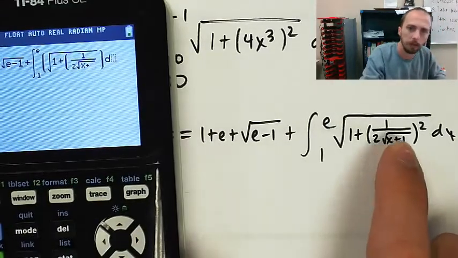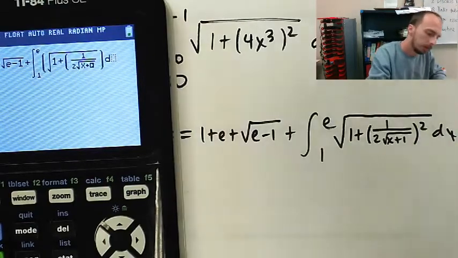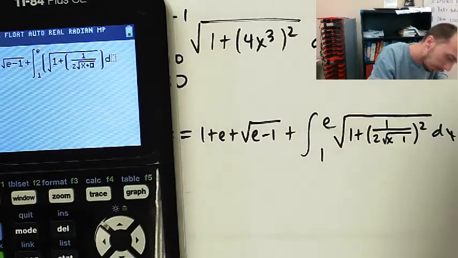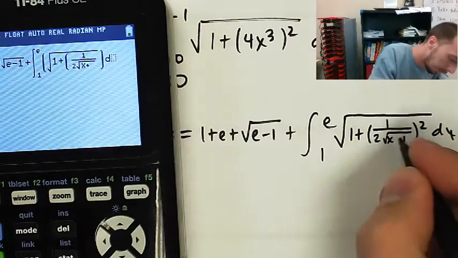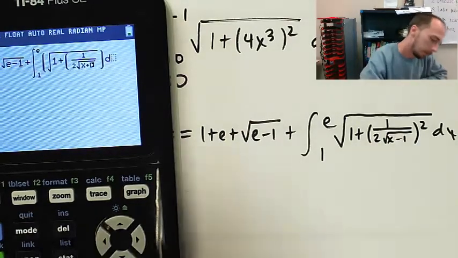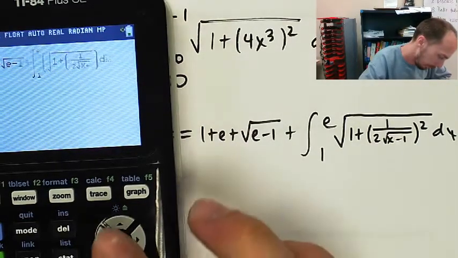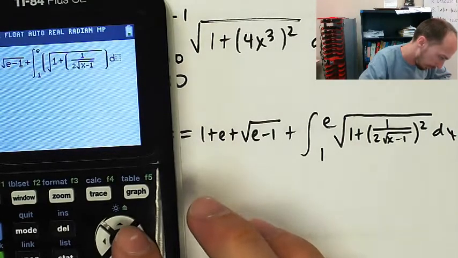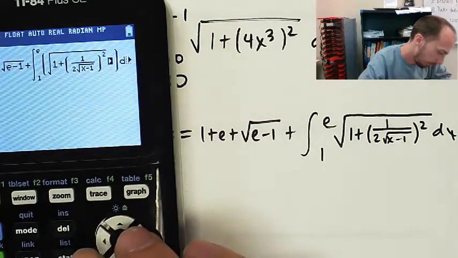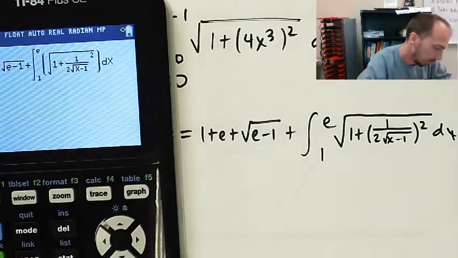Yeah, that's supposed to be a minus. Okay, close the parenthesis, give it a square, integrate with respect to x.